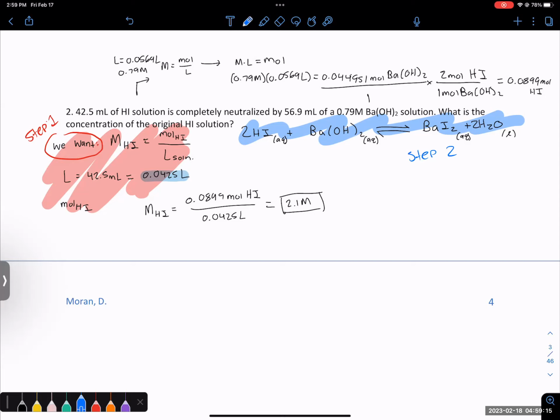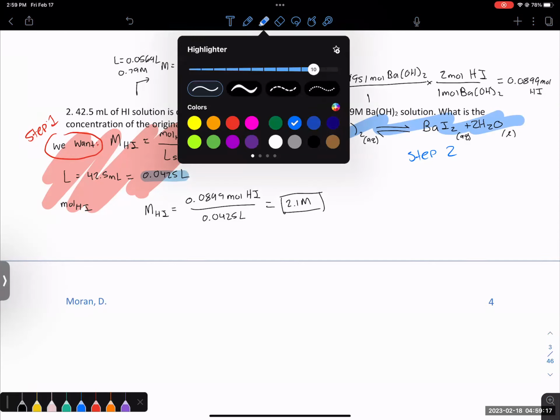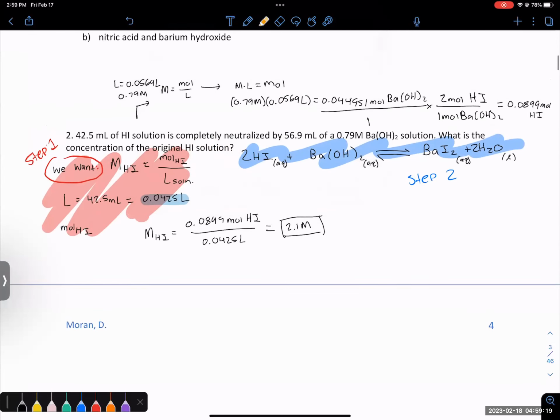And then our third step was orange. We figured out moles of one thing, because we realized from using this equation that if we have moles of barium hydroxide, we can get to moles of HI, because that's what we want, right? That's what we figured out we need in step 1.